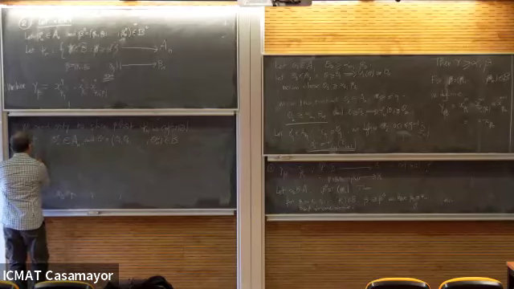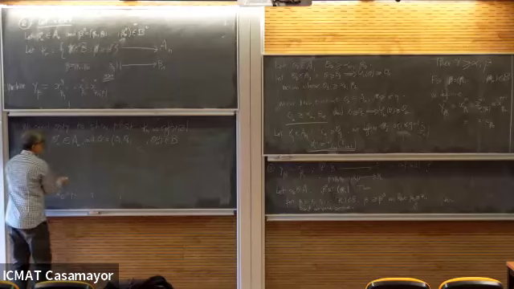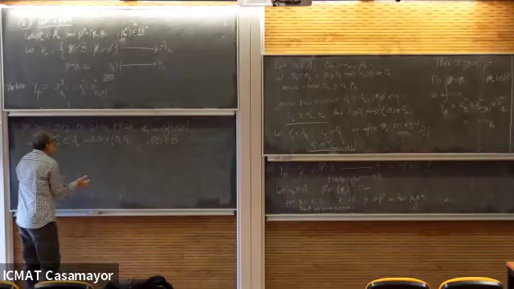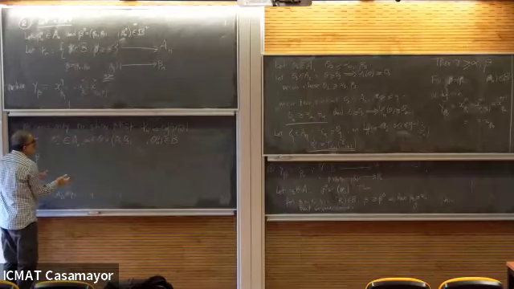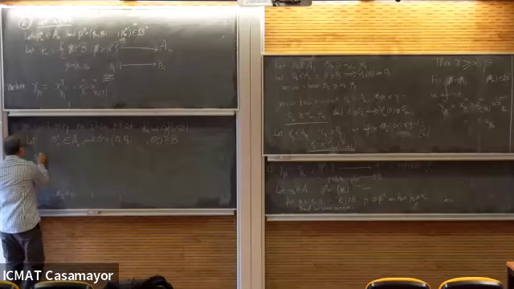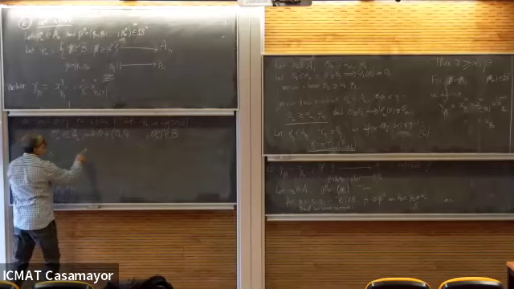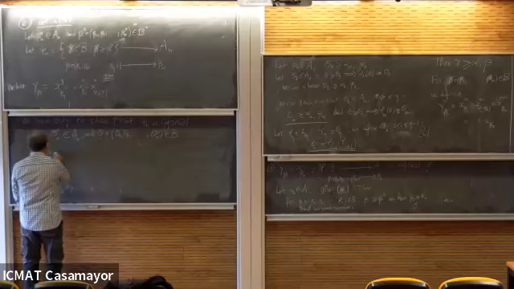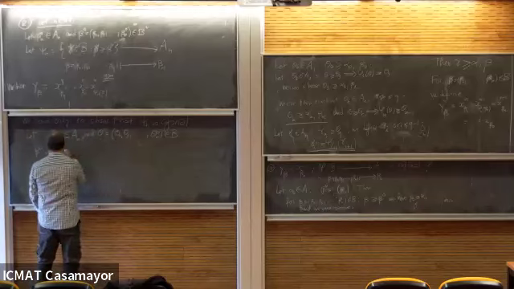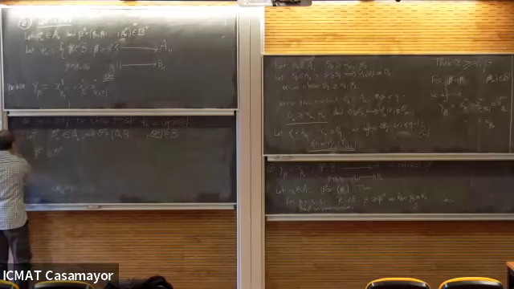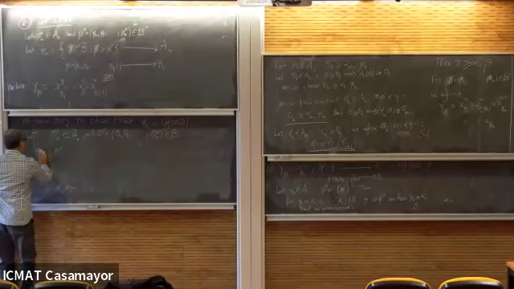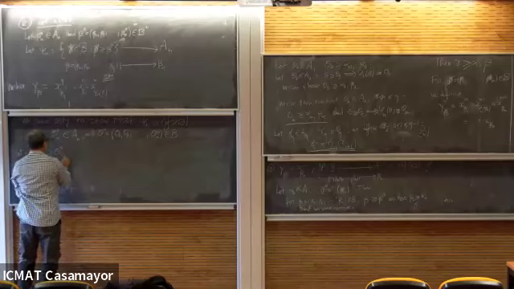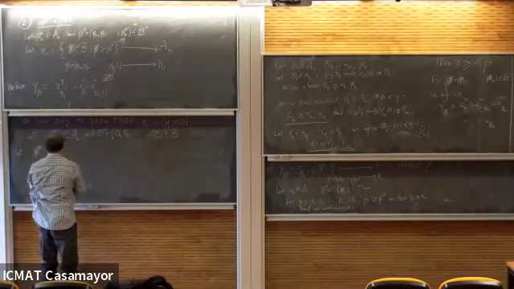Then for beta we can choose beta 0 more or equal than this theta 0. Let theta 0 be more or equal than theta 0 and more or equal than beta 0.